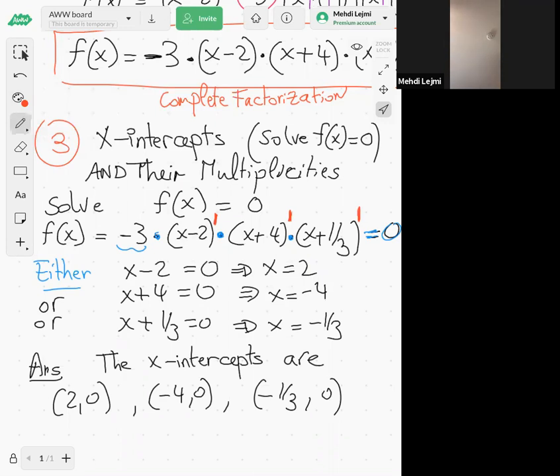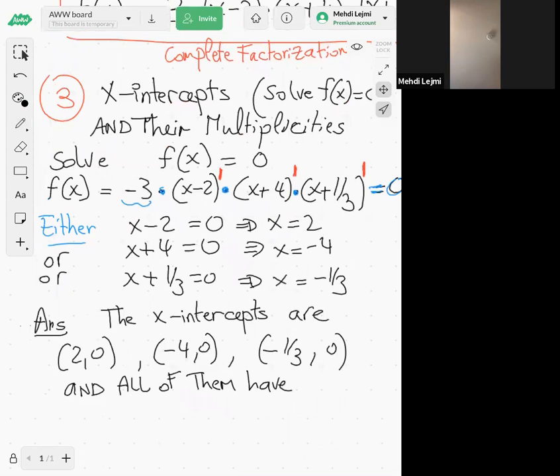So all of them have power 1, so all of them have multiplicity equal to 1, because the power of all the factors is 1. Any question, guys? All right.